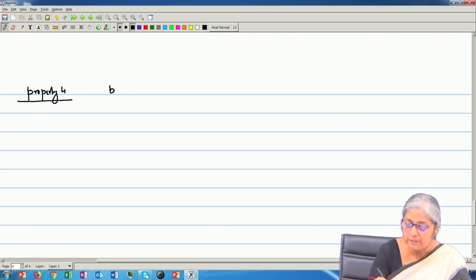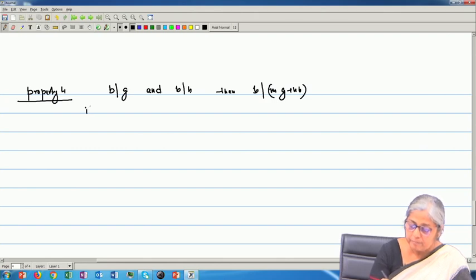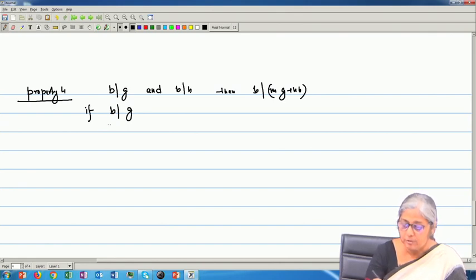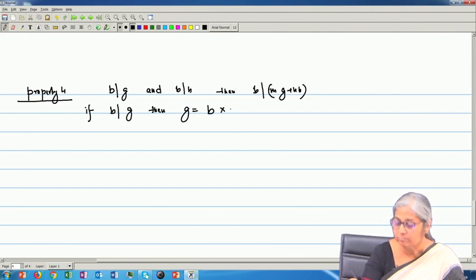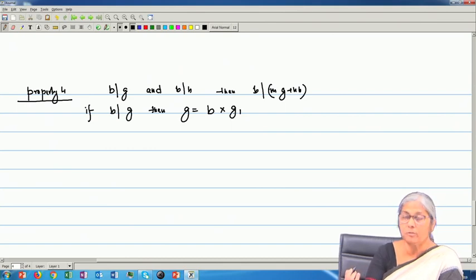It tells that if B divides G and B divides H, then B divides mg plus nh. Okay. So, if B divides G, that means we can write that G equal to some b into some g 1, because it divides, that means there is no remainder, only quotient.